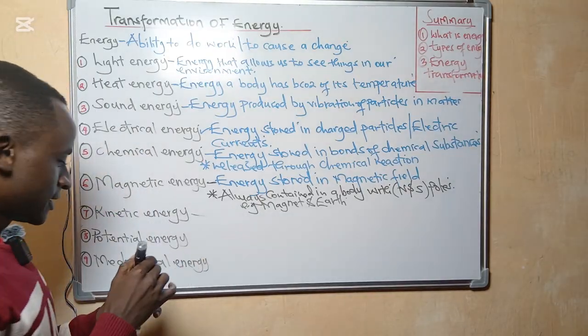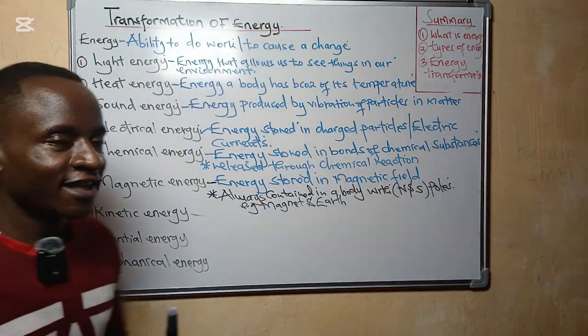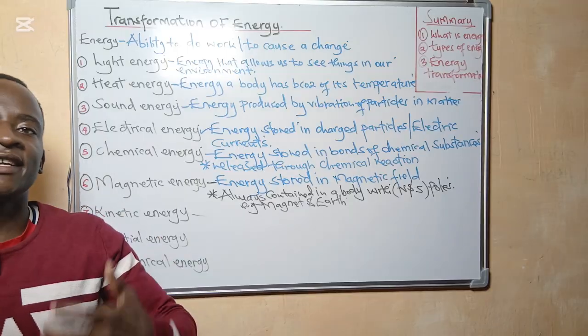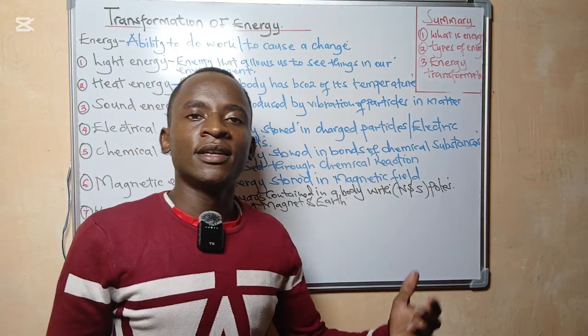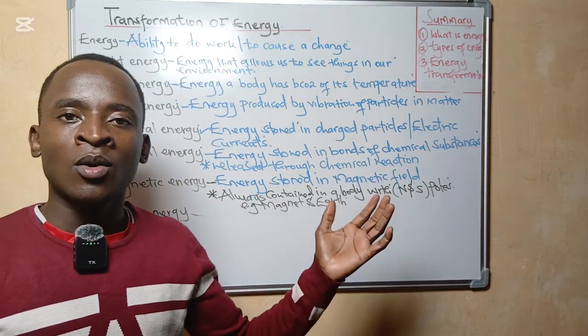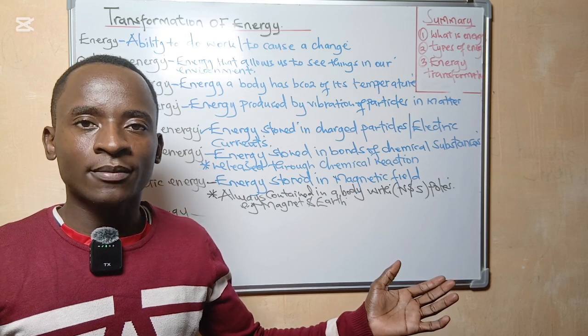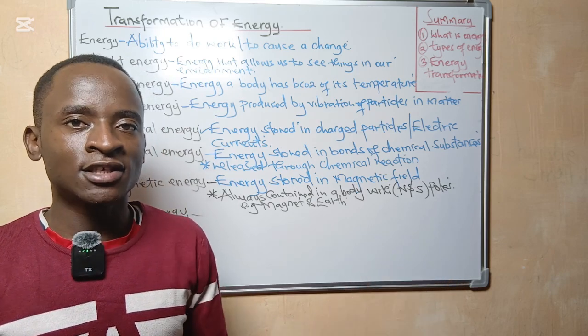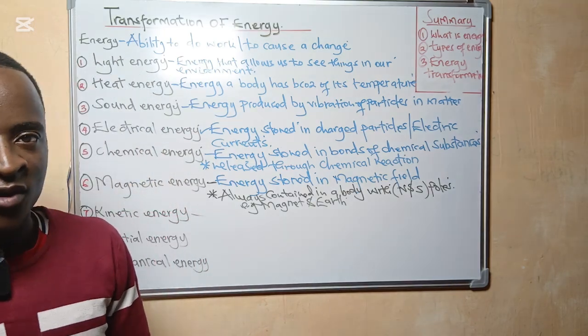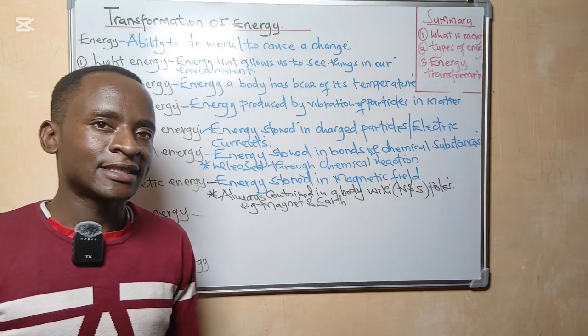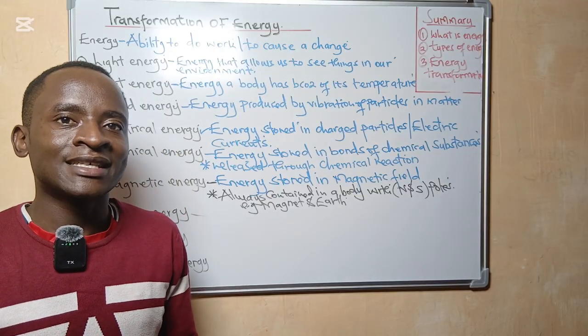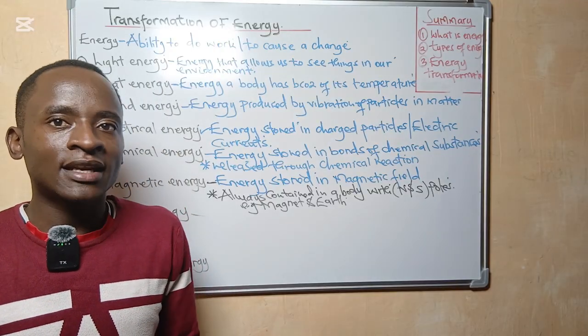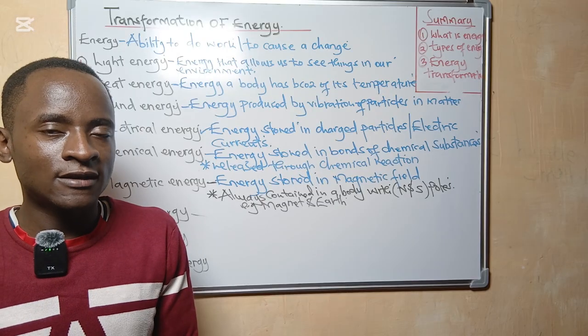Now we have kinetic energy. Initially, when we were talking about the kinetic theory of matter, we said that a theory is just a concept which is trying to explain a certain phenomenon, right?